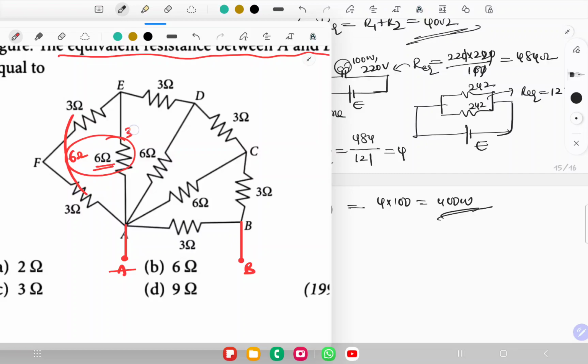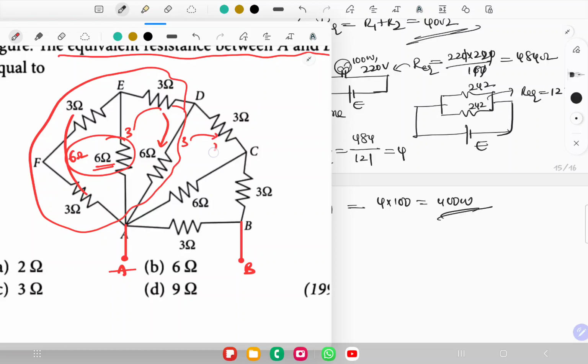Similarly, this 3 ohm and this 3 ohm are connected in series. Resultant 6. 6 and 6 are connected in parallel. Resultant 3 again. So till now we got 3 ohms as the equivalent resistance of this complete combination. Again this 3 ohm and 3 ohm are connected in series.